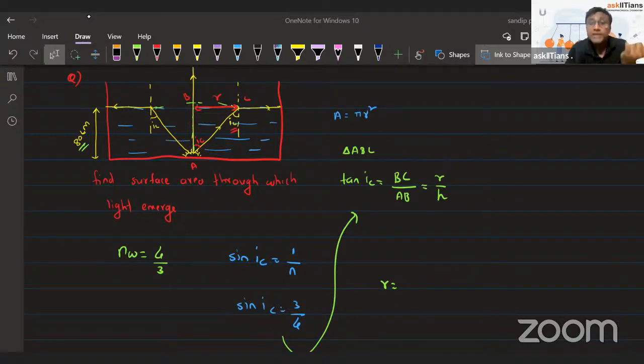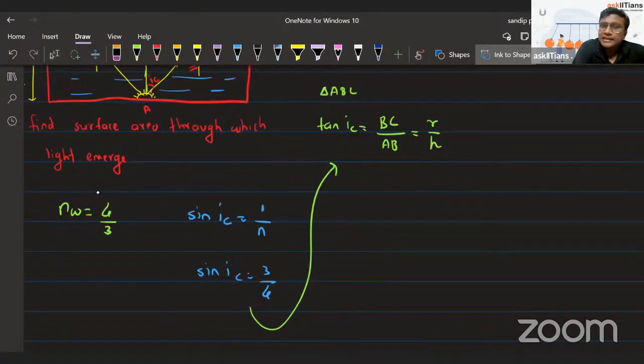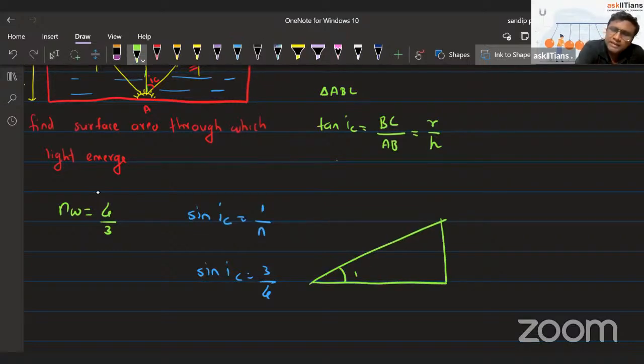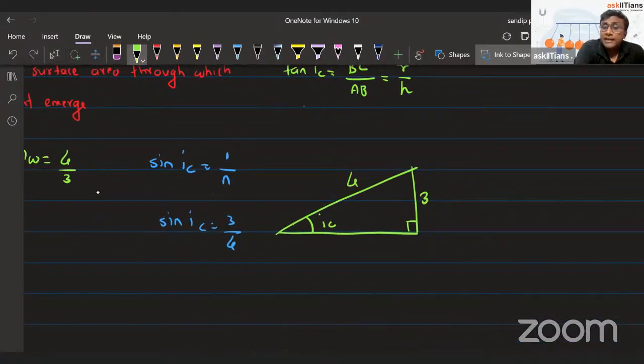Sure. So from this, once you know sin IC, just create one small triangle there. If this one is IC, opposite is 3, hypotenuse is 4. Using Pythagoras, you can easily find the remaining side, that will be root of 16 minus 9, root 7.